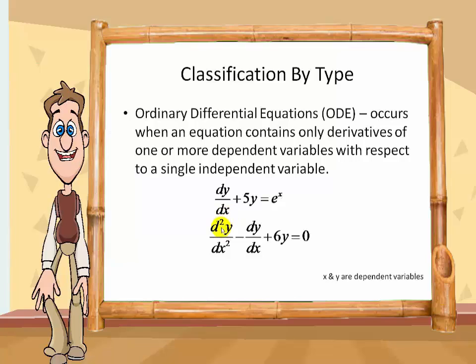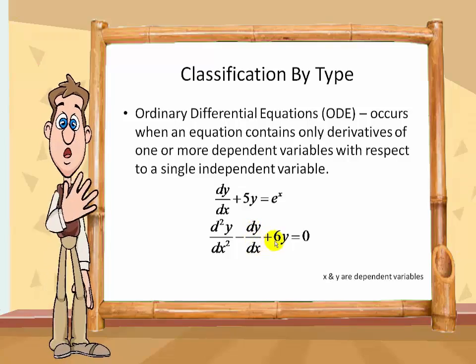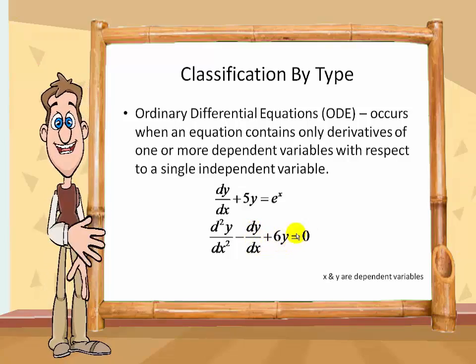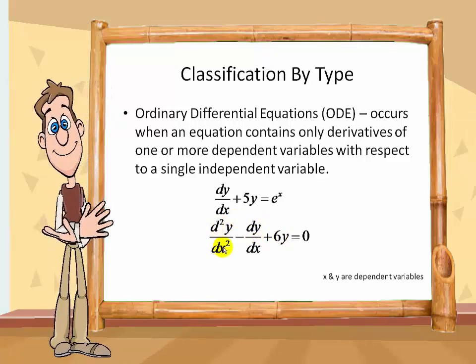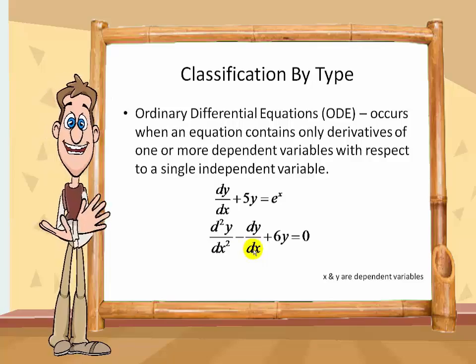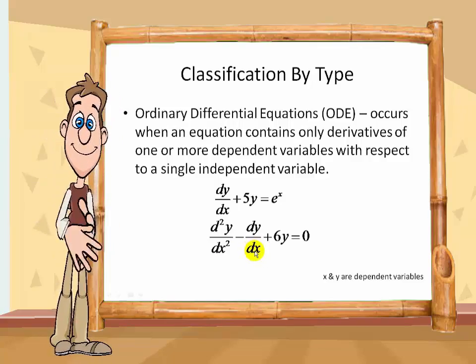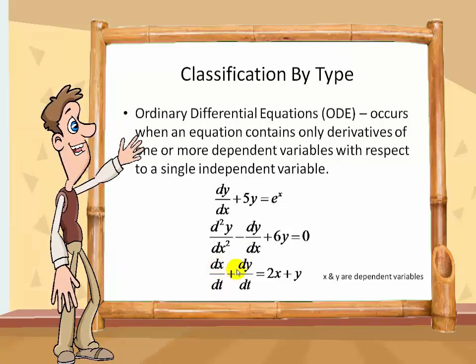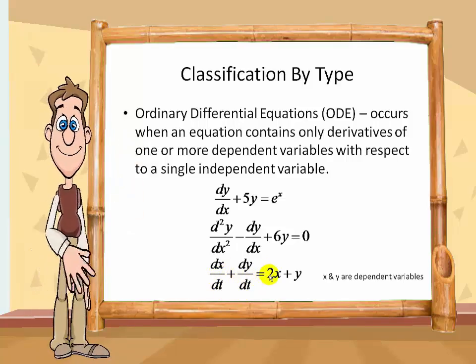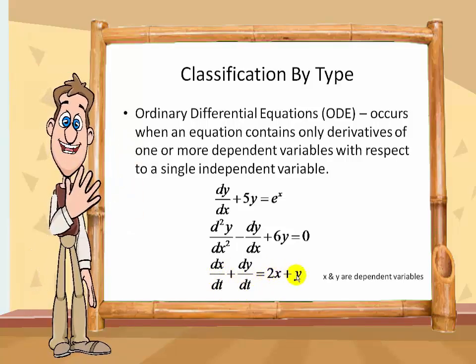Another example, the second derivative of y with respect to x minus dy dx plus 6y equals 0. So we have y, dy dx, and the second derivative, all with respect to a single variable x. Now here in this case we have first derivatives dx dt plus dy dt with respect to the time variable equals 2x plus y.